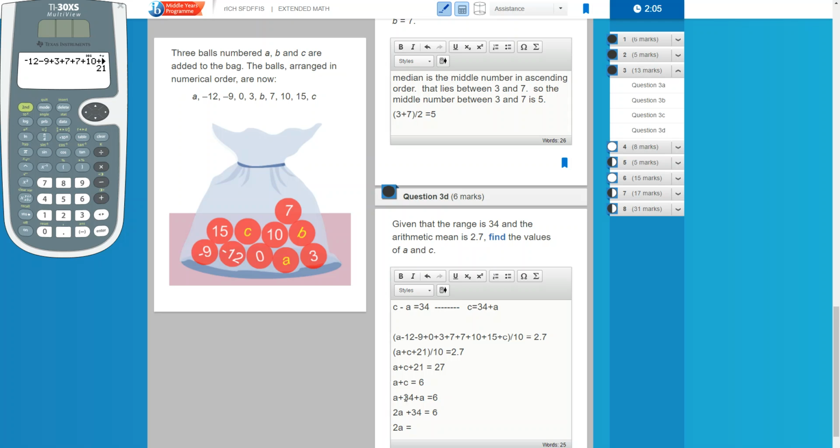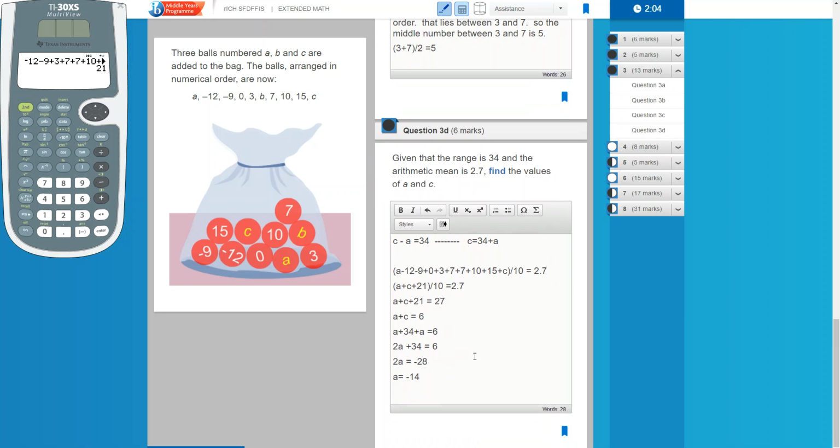Which is negative 28. A equals negative 14, good. And then substitute that back in up here. So C equals 20.